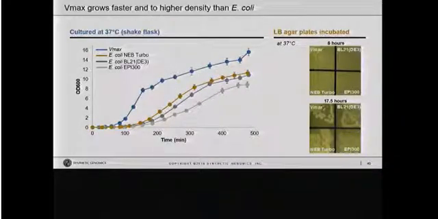Shown here is a growth curve comparing Vmax in blue to several E. coli strains, including this one in gold, which is thought to be the fastest growing E. coli strain. After about 6 hours on agar plates in the lab, you can see Vmax colonies are clearly visible, but E. coli colonies are not.